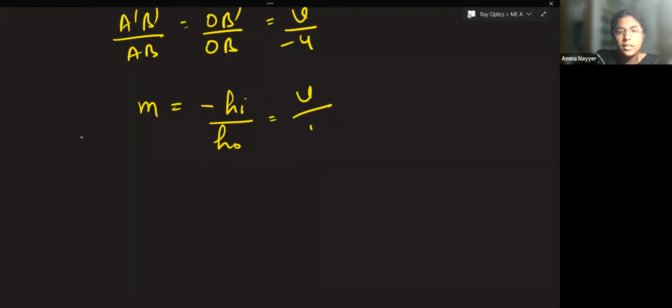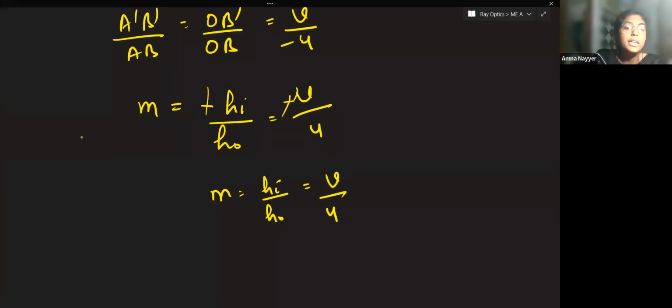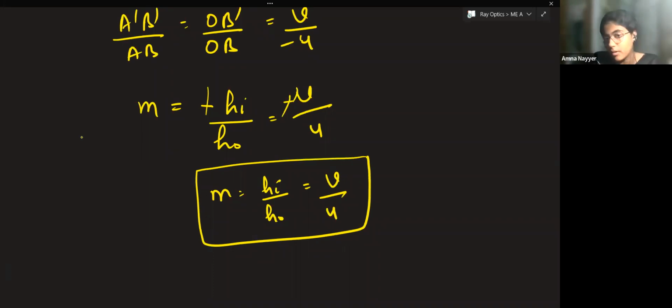Height of image by height of object is equal to V by U. In mirror, you had the negative sign. In case of lens, this negative sign vanishes.